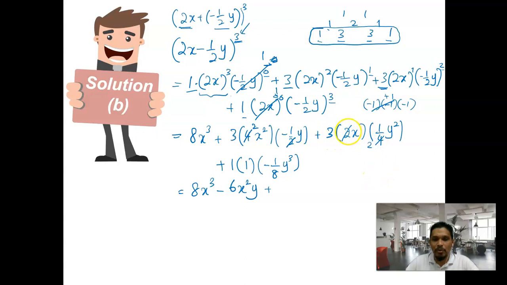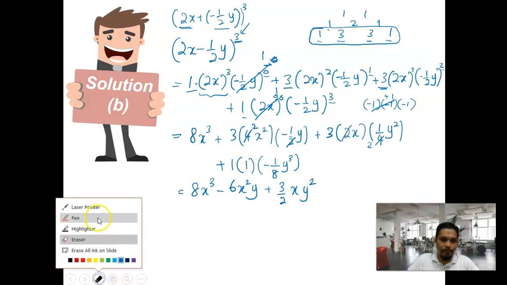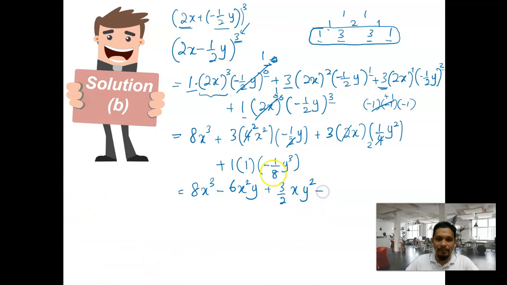So, 3 times 1/2 is 3/2 x y squared. Oh no, positive, positive, negative. Be careful. Negative 1/8 y cubed. There you go.